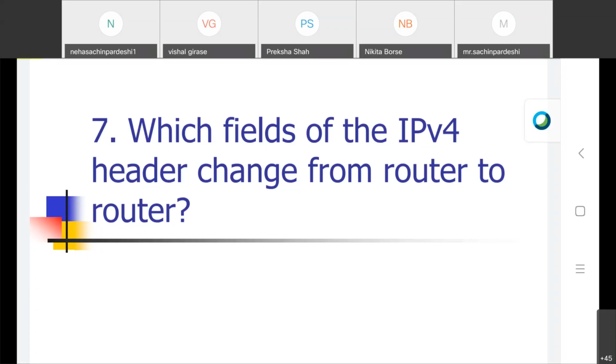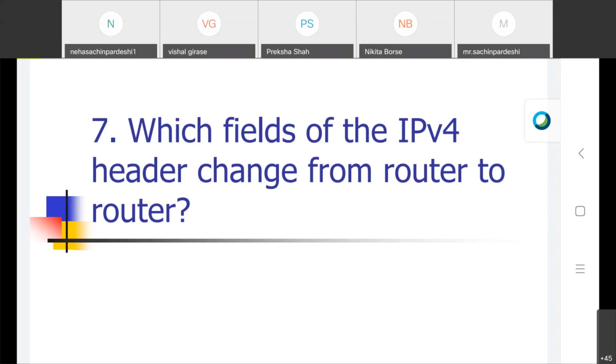Right? So the time to live is nothing but the total number of routers the packet has to pass to reach a destination. So double the total number of routers required to pass the packet to reach a destination is added into the time to live field. And this value is decremented as the datagram passes from router to router.